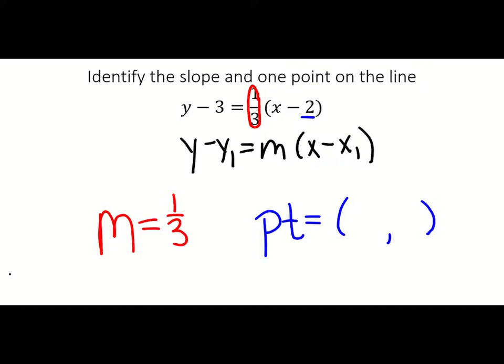Now you might think it's a -2, but there was already a minus in the original equation. So when we write the point, we're actually going to write the opposite sign of what we see. So while it looks like a -2, we're going to say that this is +2. And the y value, what's after y, it looks like a -3. We're going to say that's a +3. So we will say the point of this line is at (2, 3).